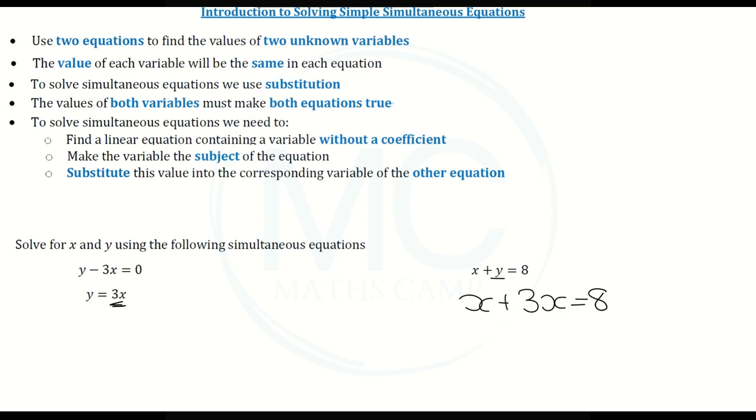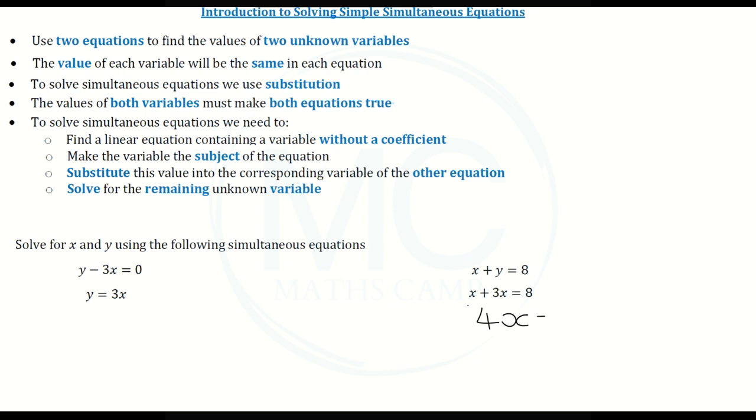Now we have a linear equation, x plus 3x is equal to 8, and we can solve for the remaining unknown variable. Let's do this now. x plus 3x gives us 4x, which is equal to 8. Divide both sides by 4, and we see that x is equal to 2.